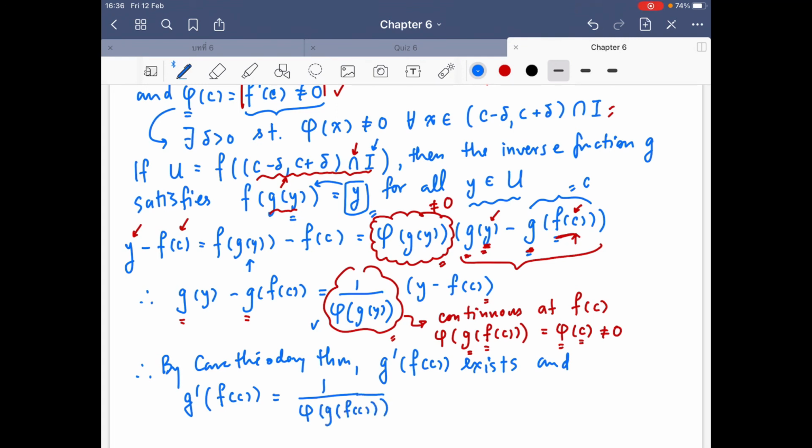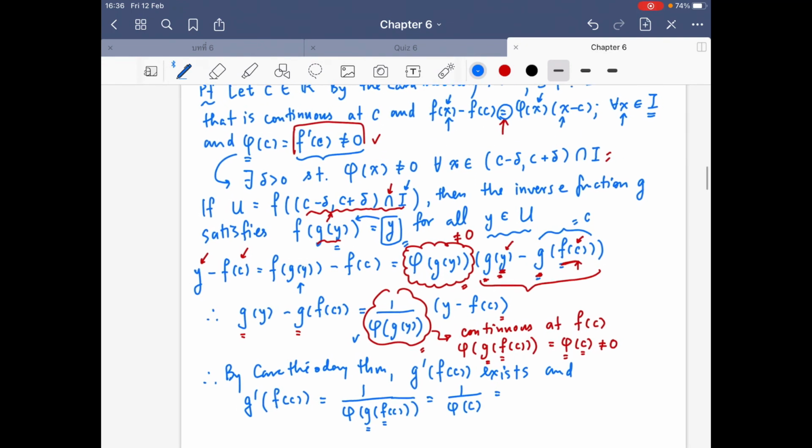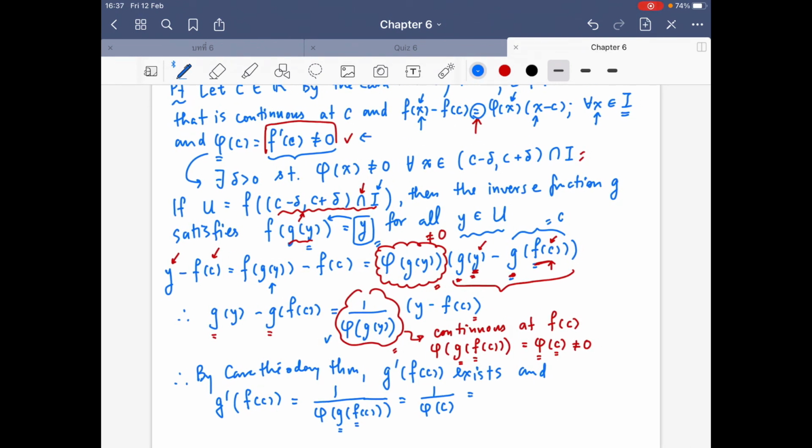However, this one is actually phi at c, because again your g and your f are inverses of each other. But what is your phi? Your phi at c is actually your f prime at c. So we got 1 over f prime at c.